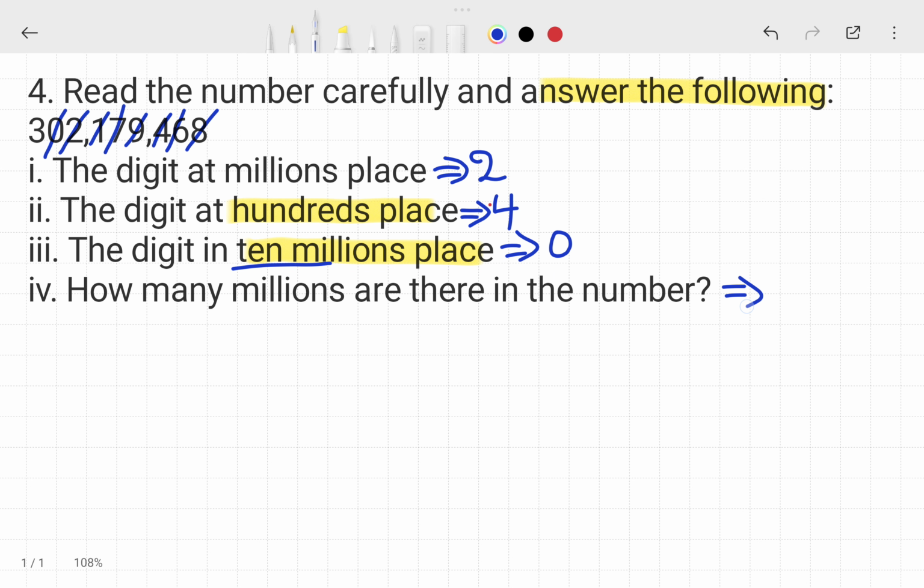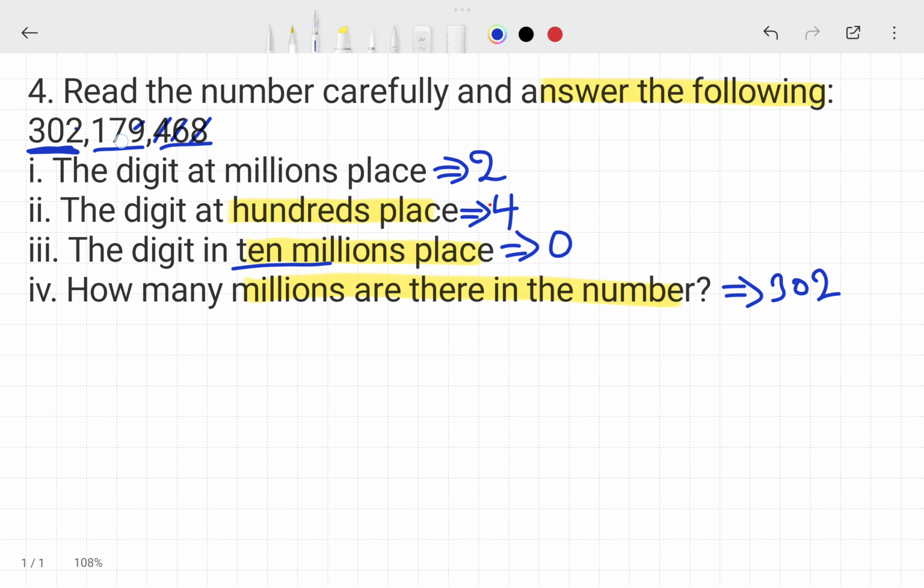Now this is your fourth question. What is it telling? See, how many millions are there in the number? If you see, this is the ones group, this is thousand, this is million. How many numbers are in the million? This is 302 million.